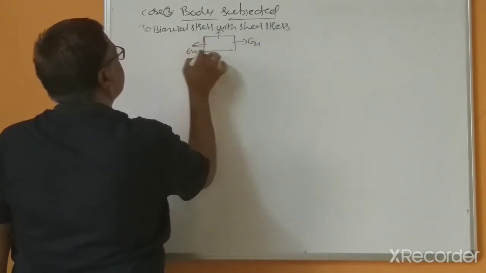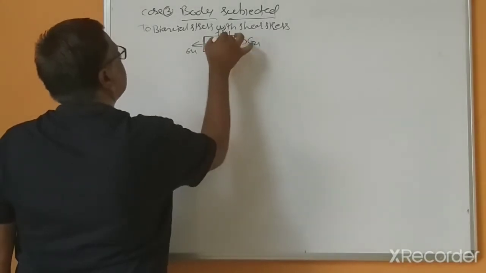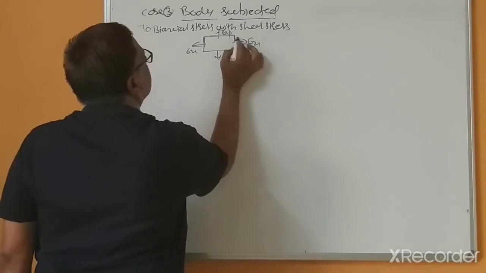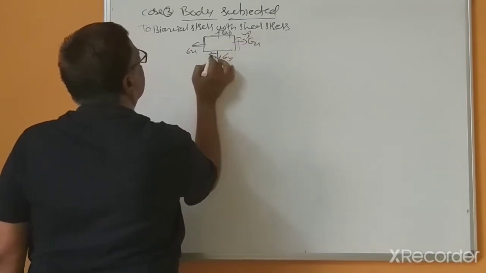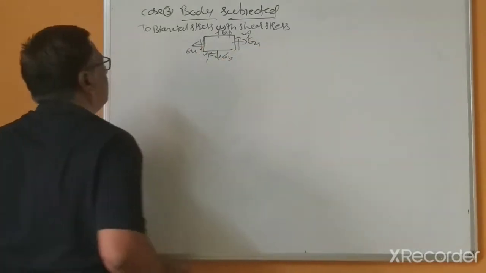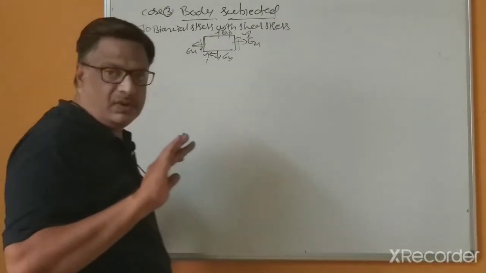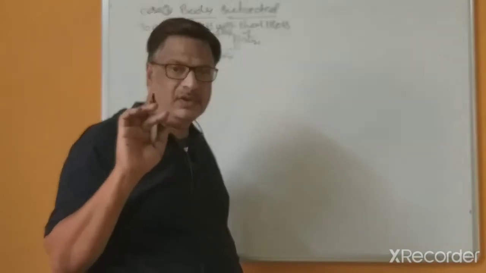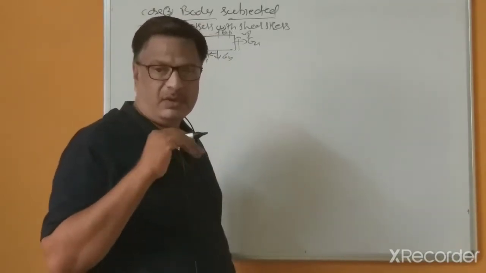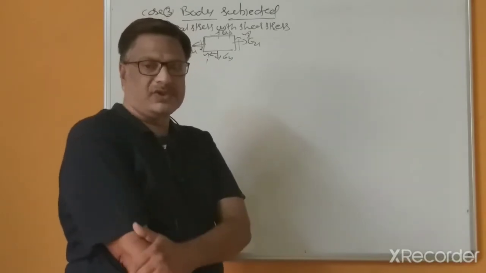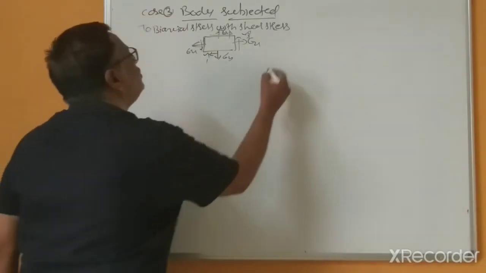Sigma x, sigma x, sigma y, sigma y, and this is tau. I only use notations, without any headings.